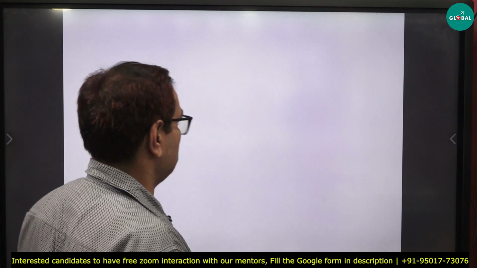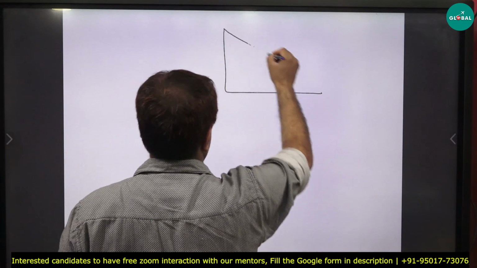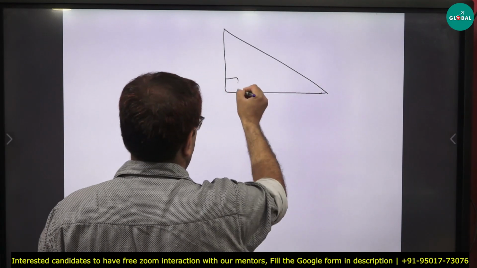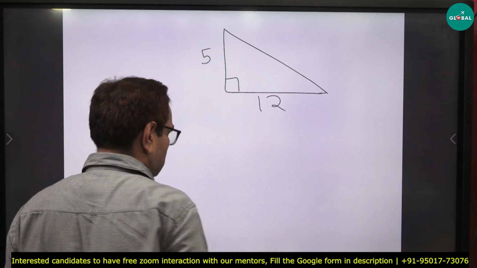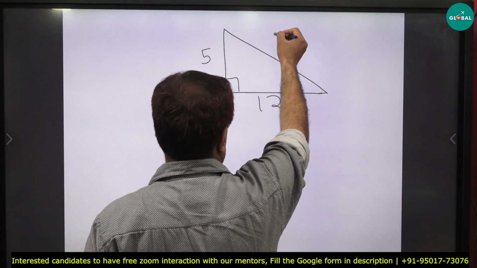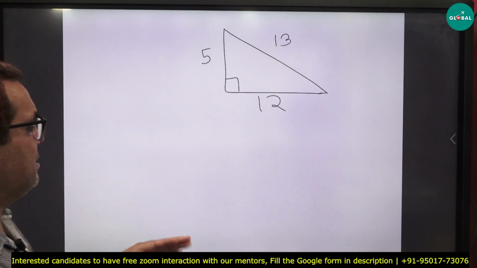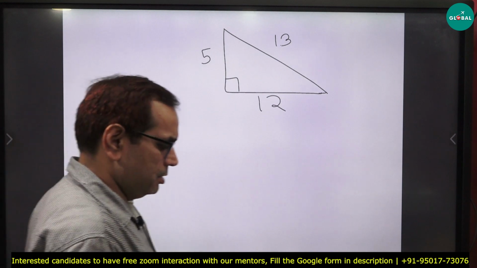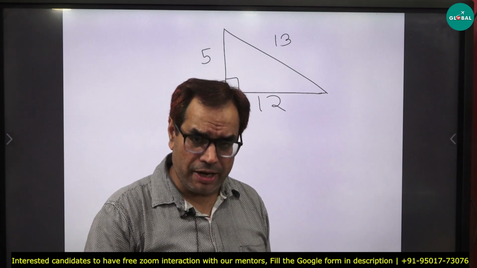Suppose we take the right angle triangle in this manner. Here is the right angle. Suppose this is 5, this is 12. Using the Pythagoras theorem, obviously this hypotenuse is going to be 13. So the third side is equal to 13.